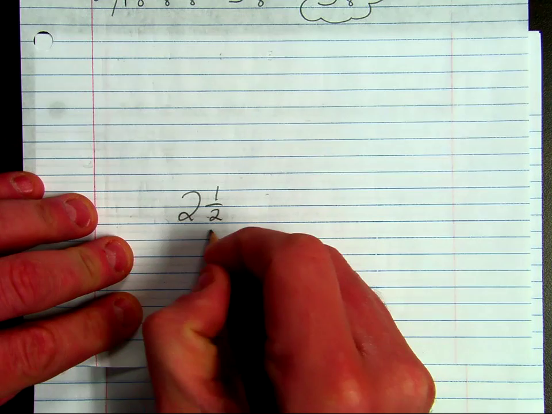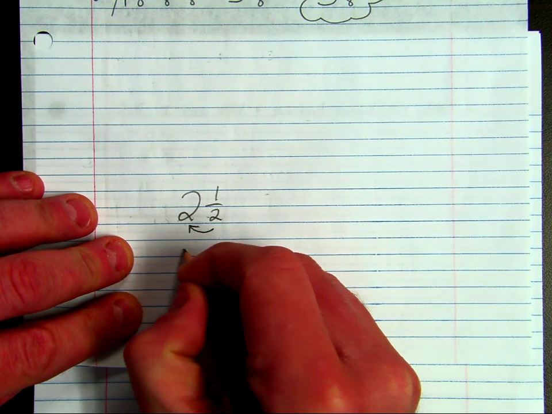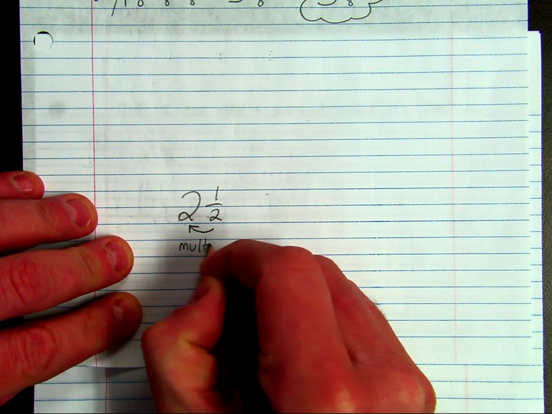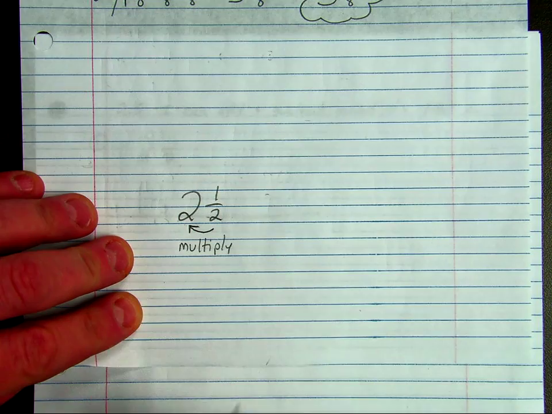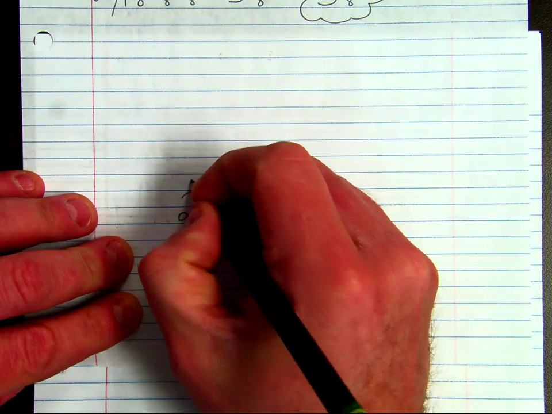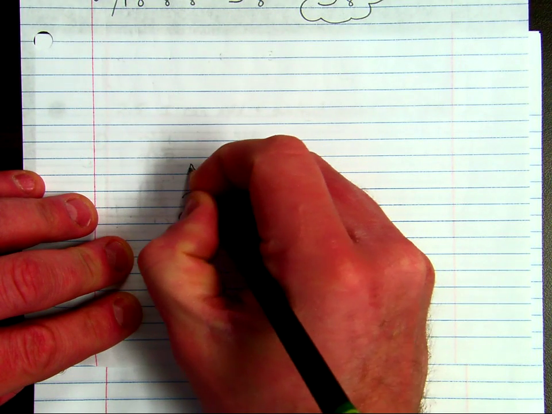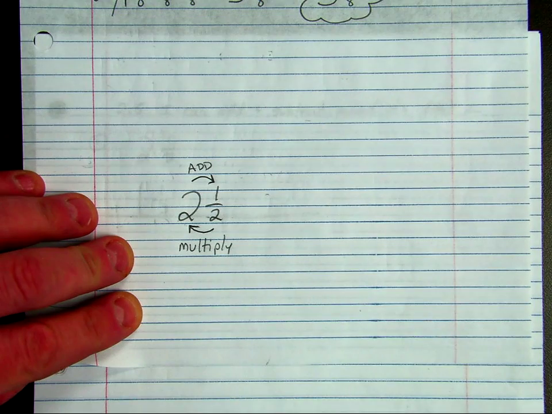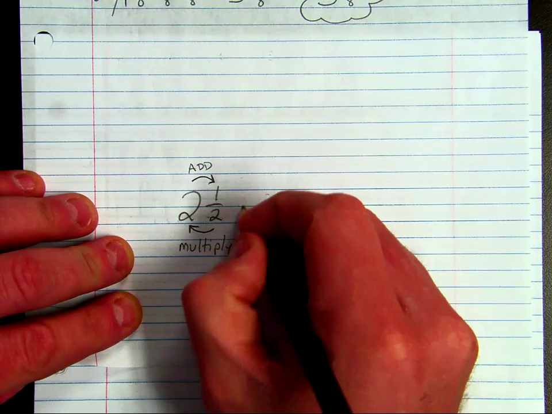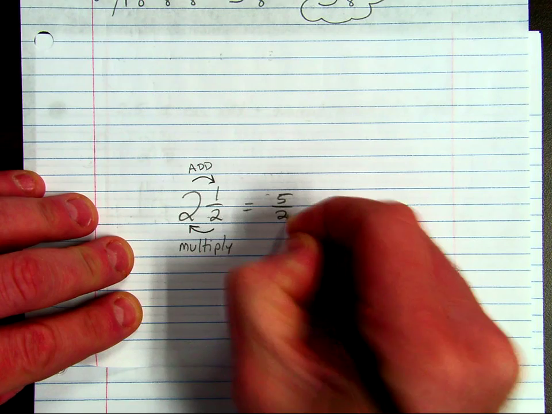Ready? You take these two numbers and you multiply. And what's 2 times 2? 4. And then you take the 4 and you add the numerator to that. And 4 plus 1 is? So you would get 5 over 2.